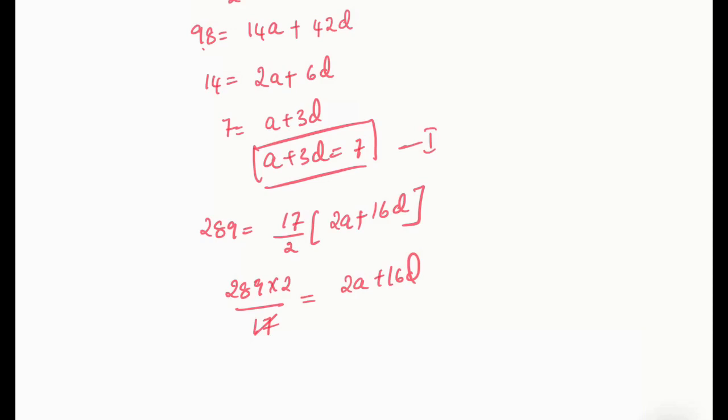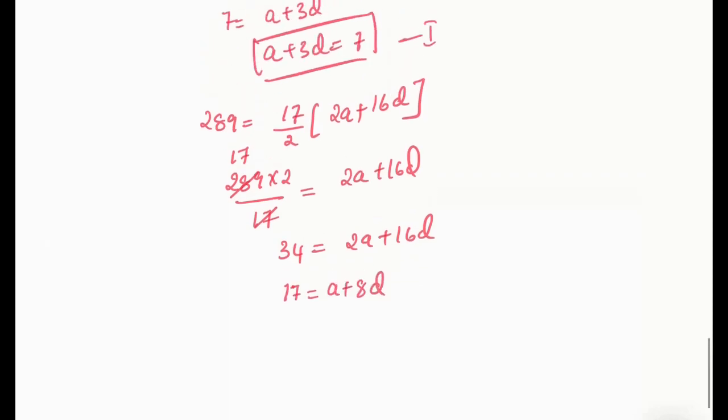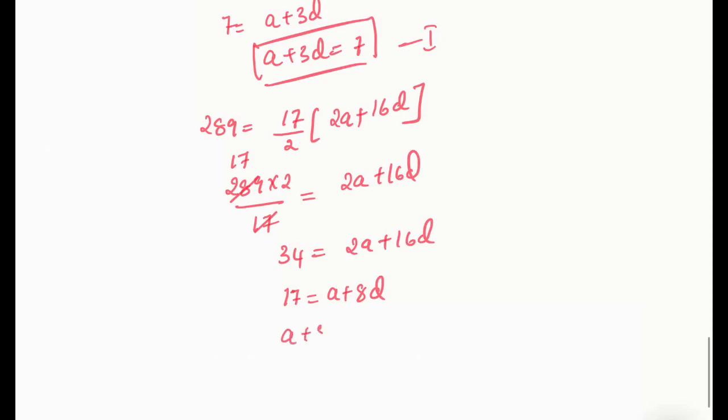Here you know 17 17s are 289. So what do you get? 34 equals 2a plus 16d. Divide the whole thing by 2. You get 17 equals a plus 8d. A plus 8d equals 17. It's our equation 2. Now solve them.